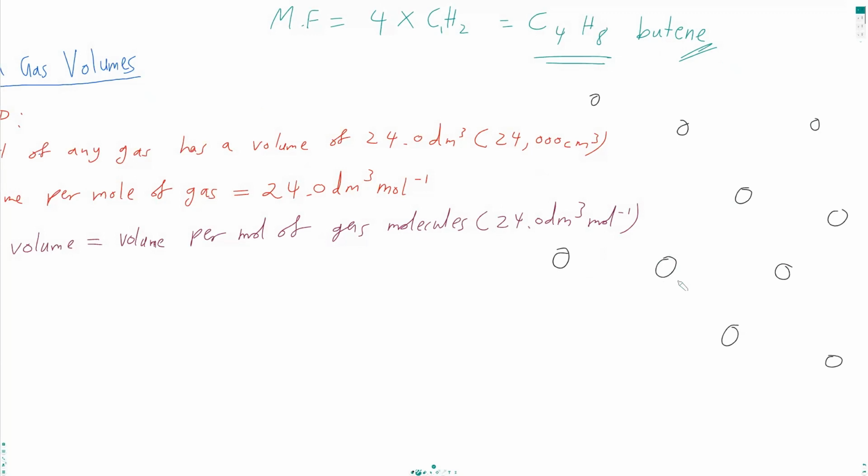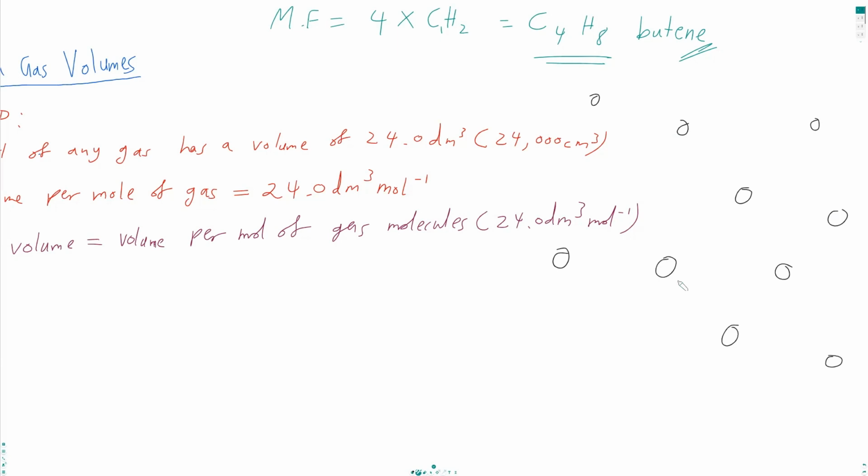So we can calculate amounts of gas molecules, so moles. There is an equation which links all of these together, and it's called the ideal gas equation, but we'll come on to that in a bit.